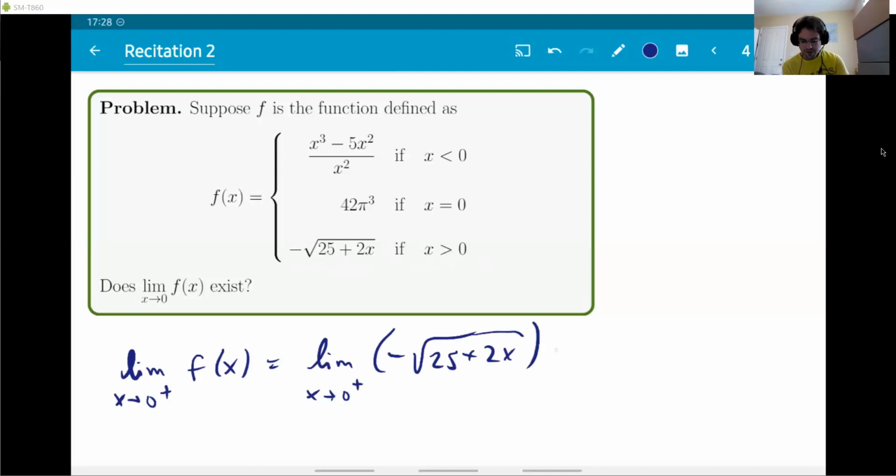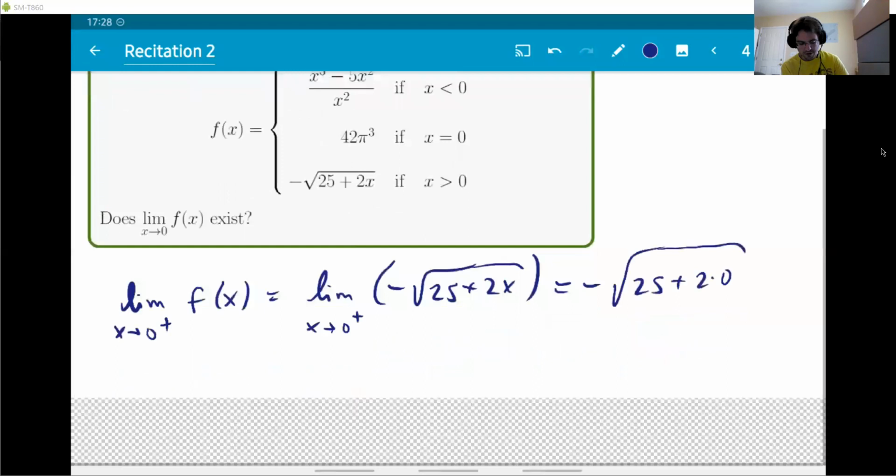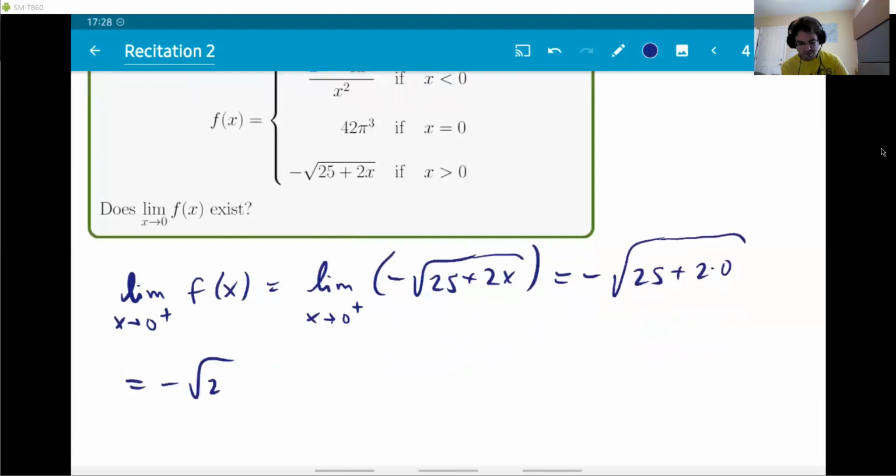Minus root of 25 plus 2 times 0. So in other words, minus root of 25, which is -5. When you have a negative sign outside of the square root, it simply means you're taking the negative number whose square is 25 in this case, so -5.